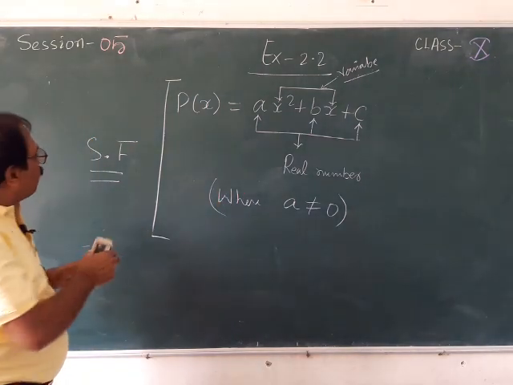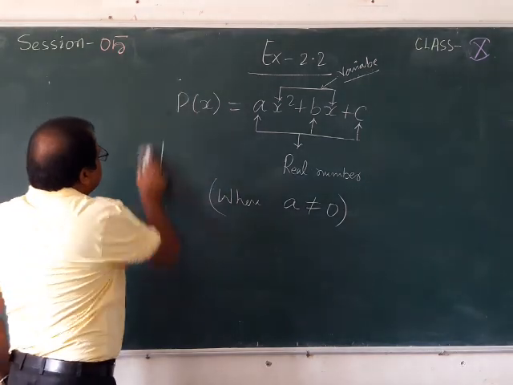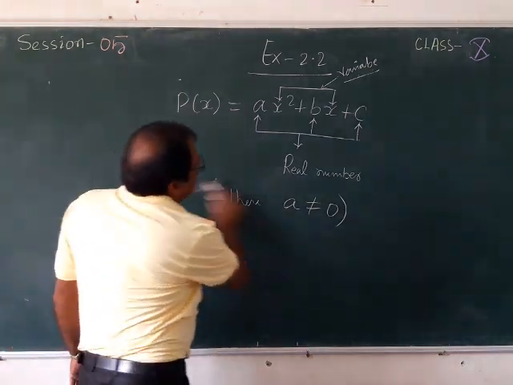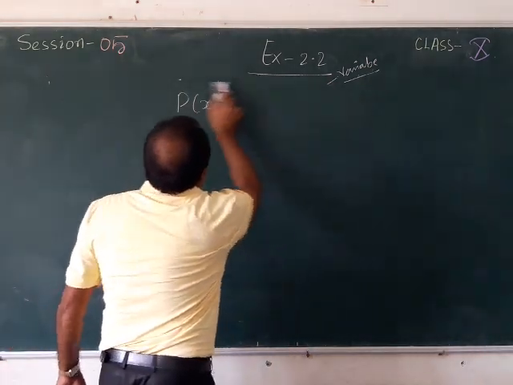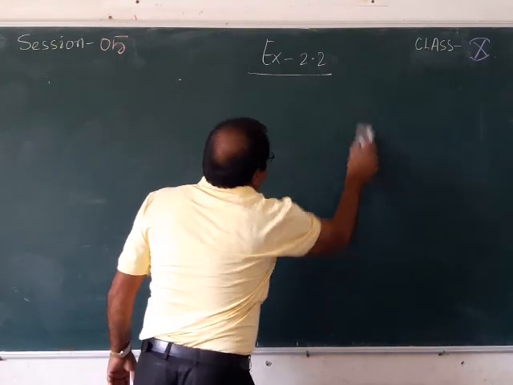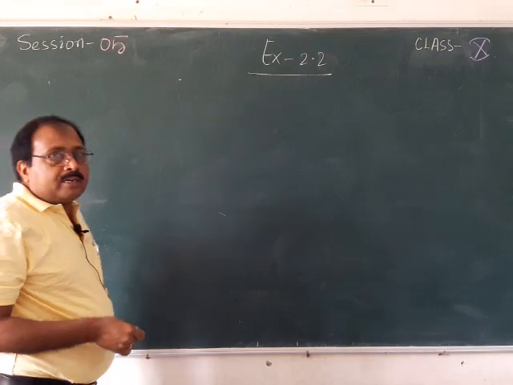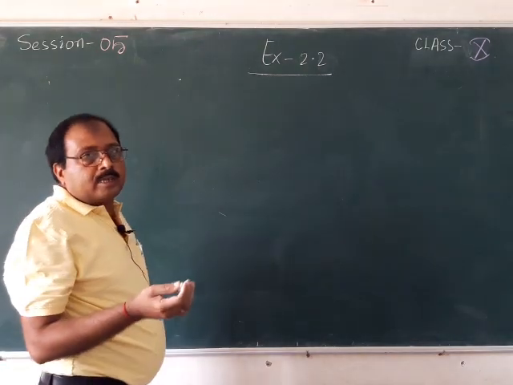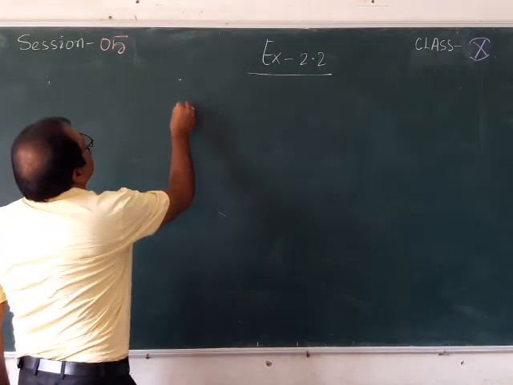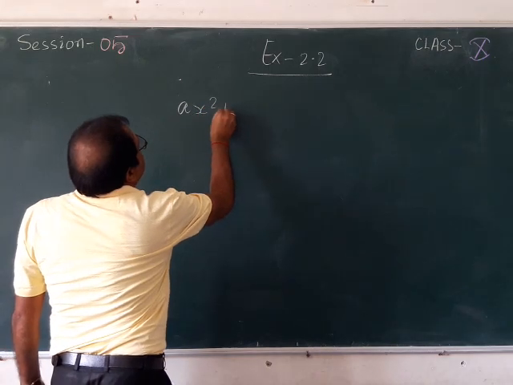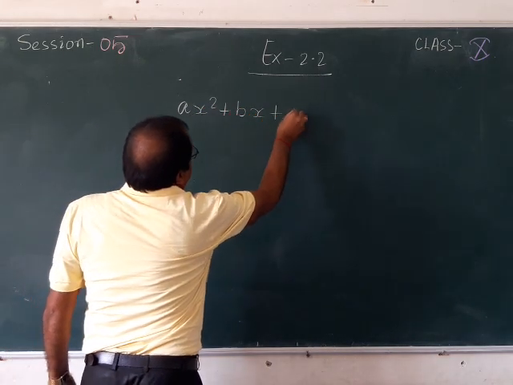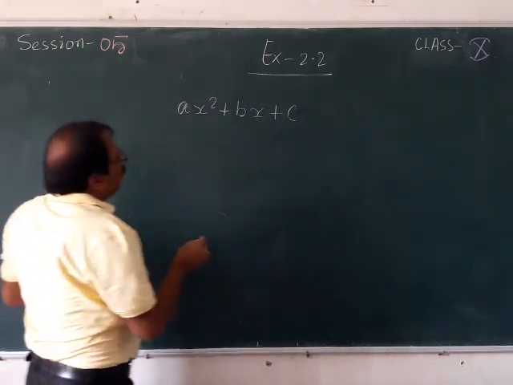Now one more thing is there. After understanding the standard form of a quadratic polynomial, you have to understand how many zeros there are and what the relation is between the zeros and the coefficients of a quadratic polynomial. Suppose I am writing ax square plus bx plus c. It is a quadratic polynomial.